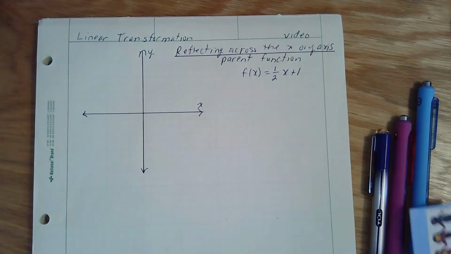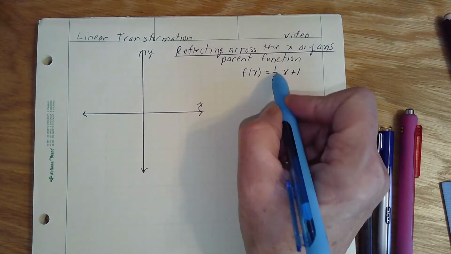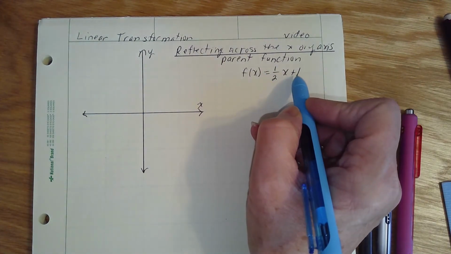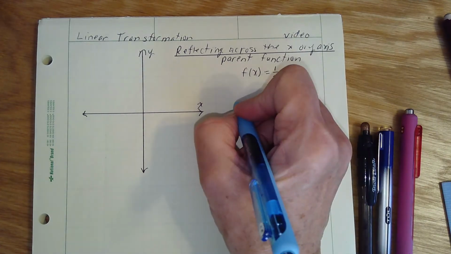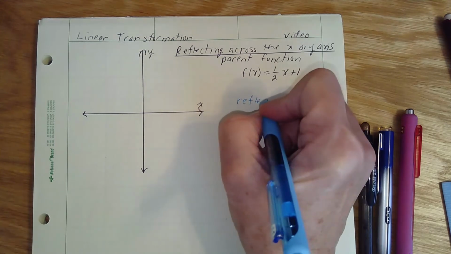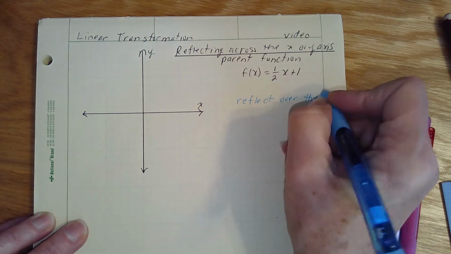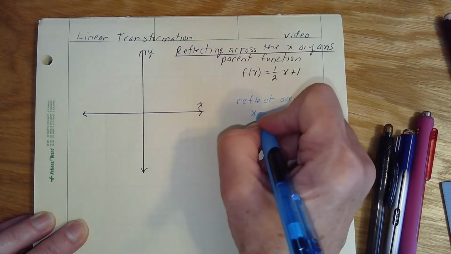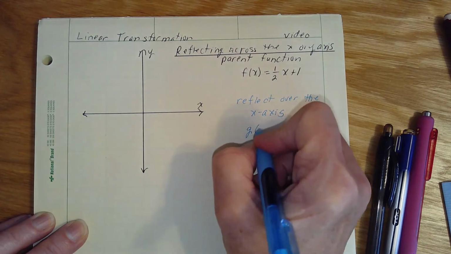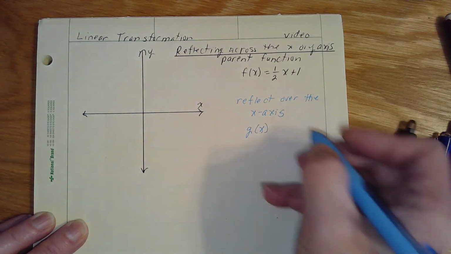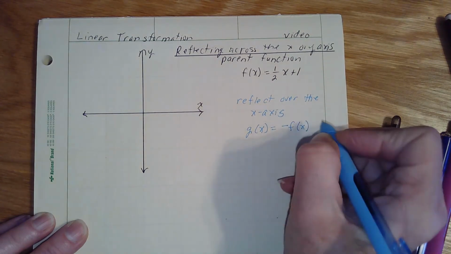Okay, we're going to start with a parent function, f of x equals 1/2 x plus 1. Now, to reflect over the x-axis, our new function, g of x, takes the form negative f of x.